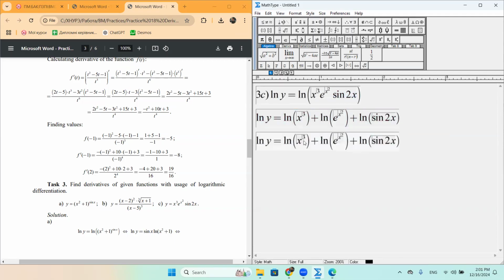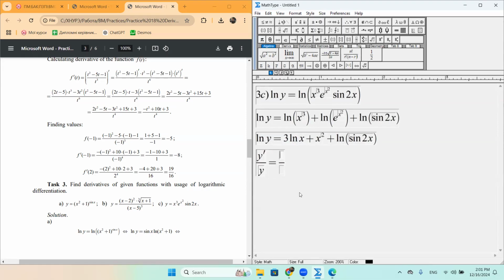Again, before differentiation, let's simplify as much as possible. So it becomes 3 logarithm of x. It will just be x squared. And it will remain without changes. So now differentiating.